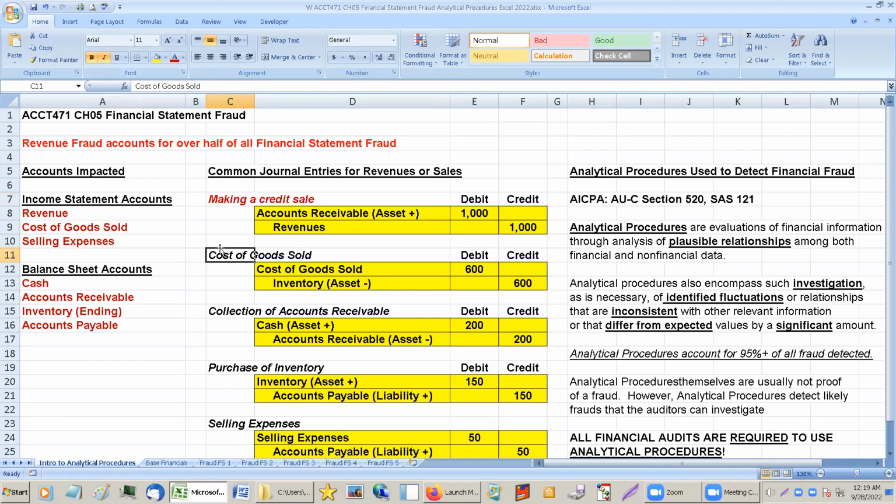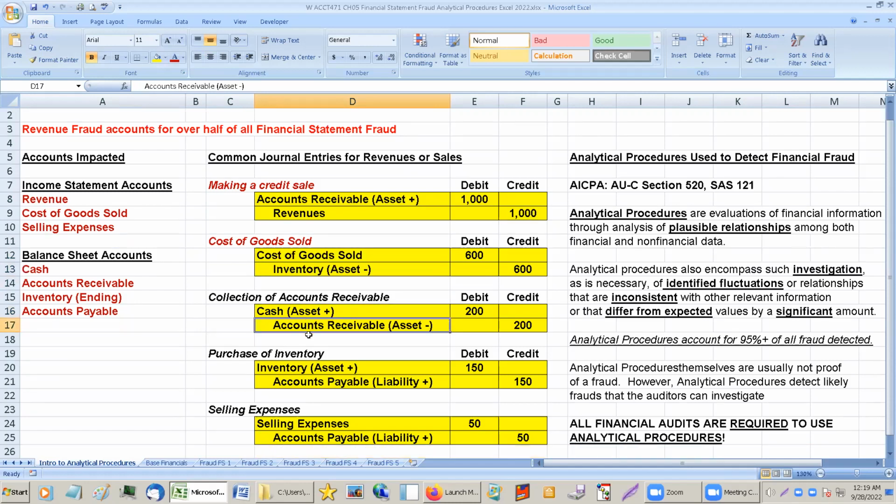Making a sale and getting the cost of goods sold: you sold $1,000 of sales, and the stuff that you sold, you paid $600 for. Here's how you collect the accounts receivable. Purchasing inventory, selling expenses.